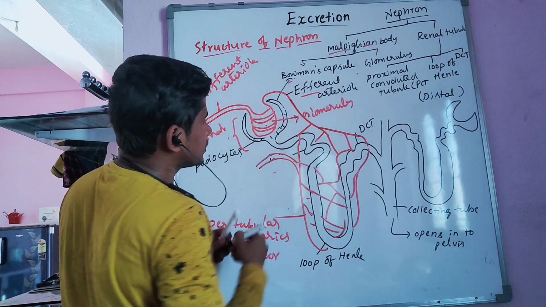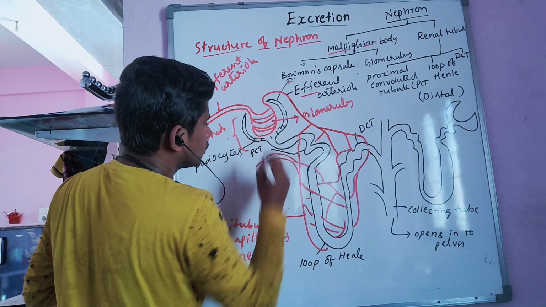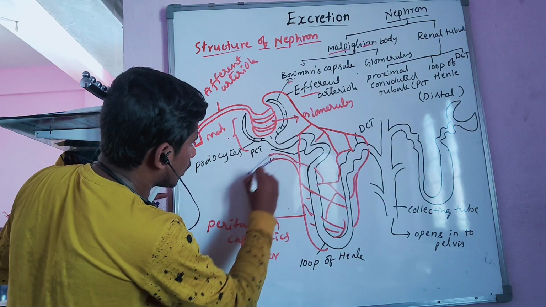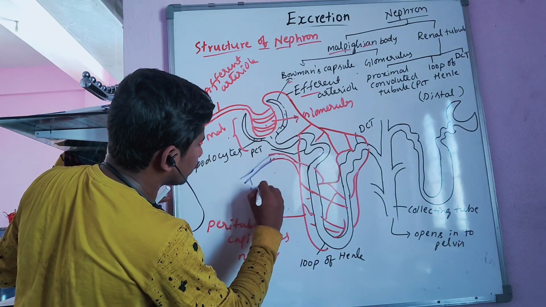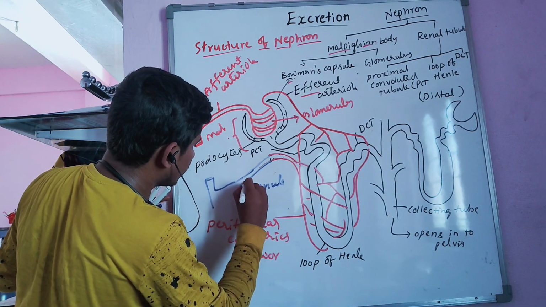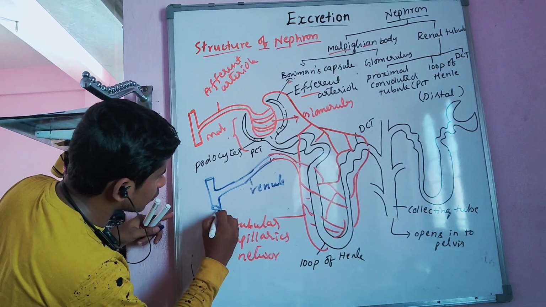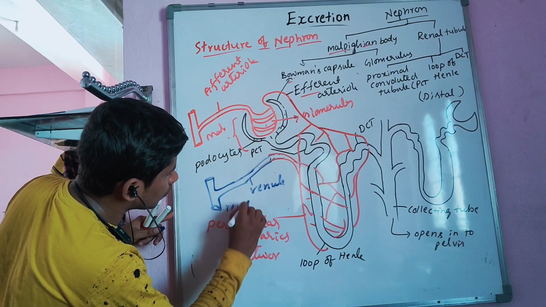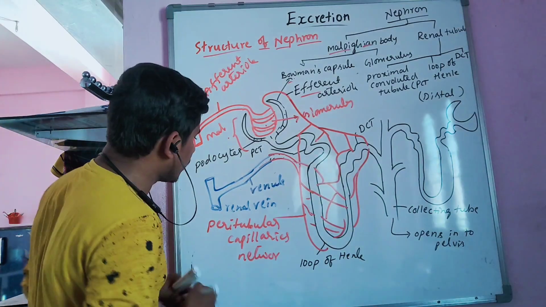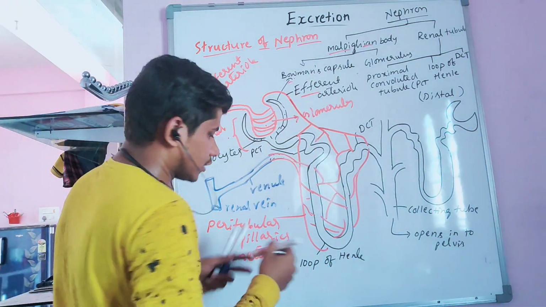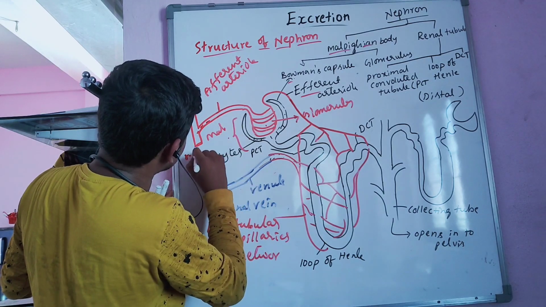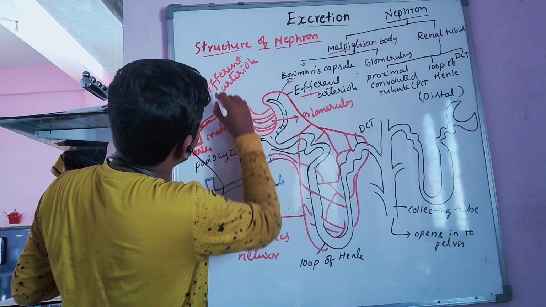Let me write this PCT here. These all join and form the renal venule. This venule joins with the renal vein. From the renal vein, the blood goes into the inferior vena cava and from the inferior vena cava to the heart. See now the pathway of blood from the renal artery. Renal artery to afferent arteriole.